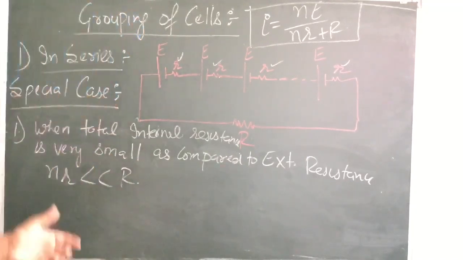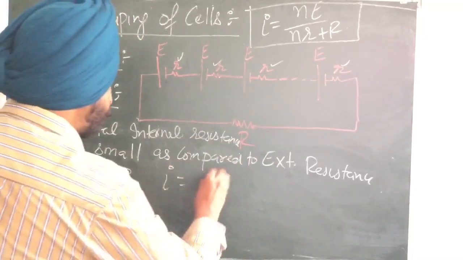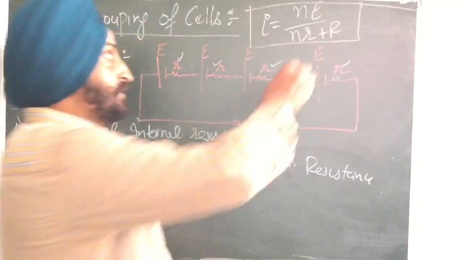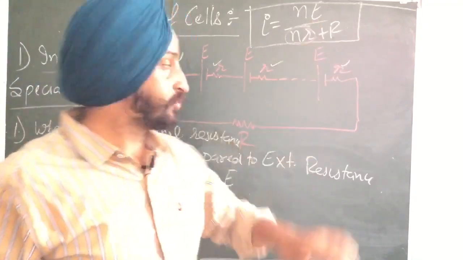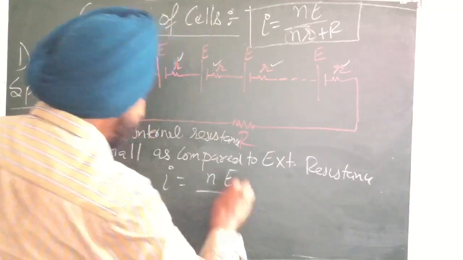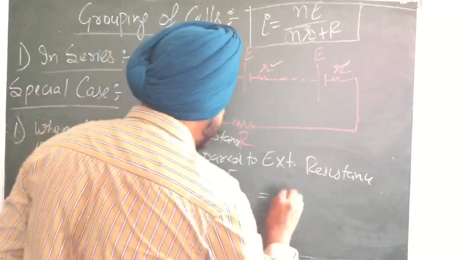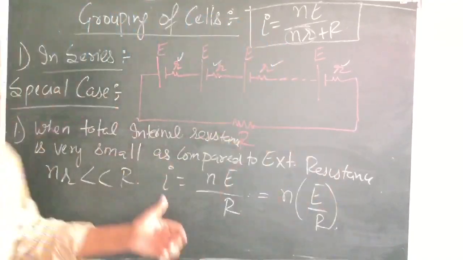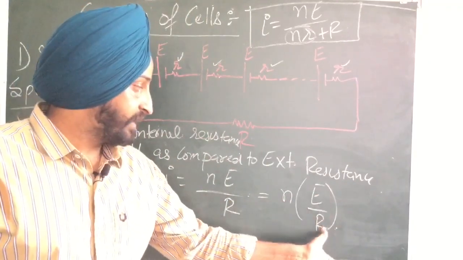So in this case our formula for current will be equal to nE over nr plus R. This n into small r is very small as compared to this capital R, so it can be neglected. So I can simply write it as R. Fine. So if I am simply writing it as R, what will it be? E by R. So our total current will be n times the EMF of each cell divided by R.